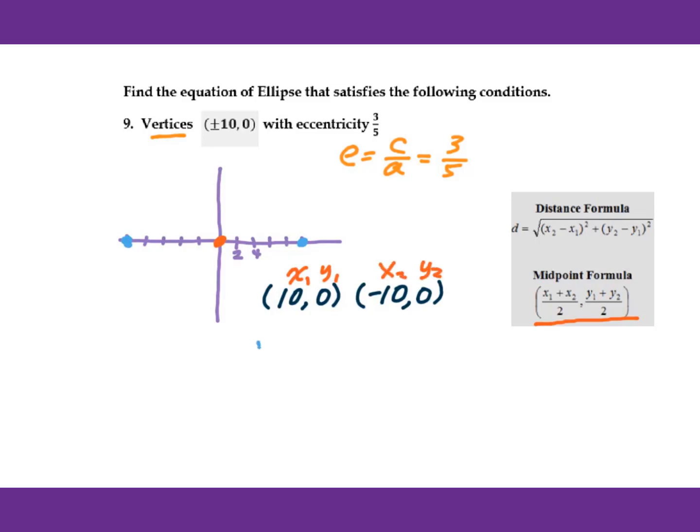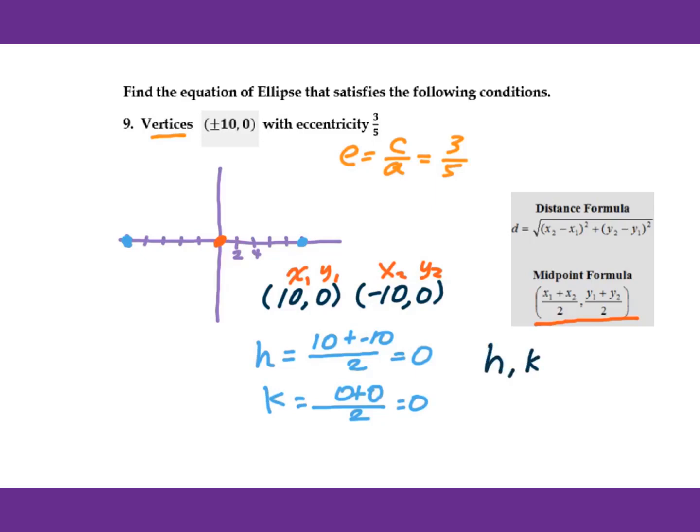Therefore, h equals (x1 plus x2) over 2, that's 10 plus negative 10 over 2 equals 0. k equals 0 plus 0 over 2 equals 0. Therefore, (h, k) will be (0, 0).